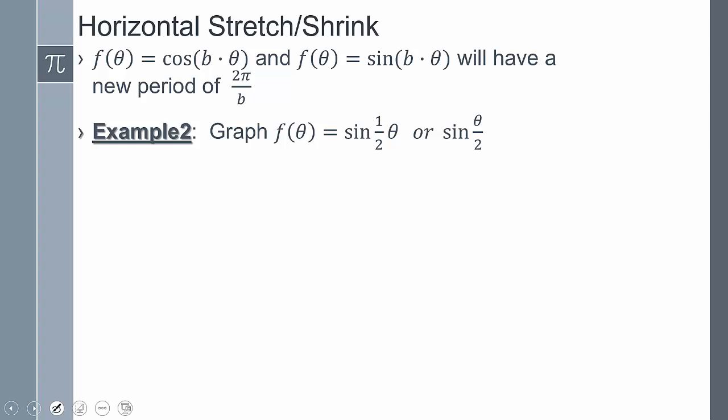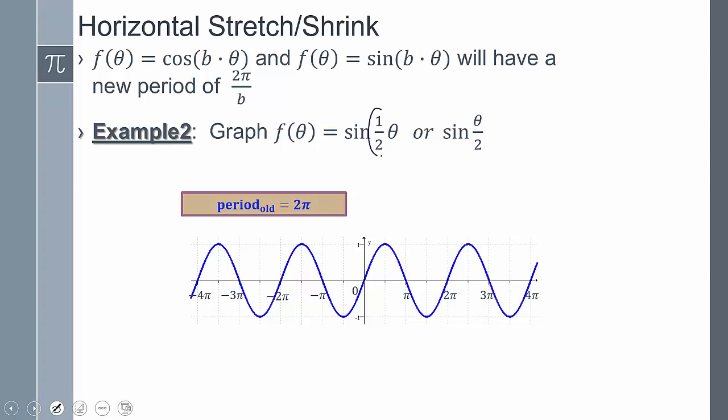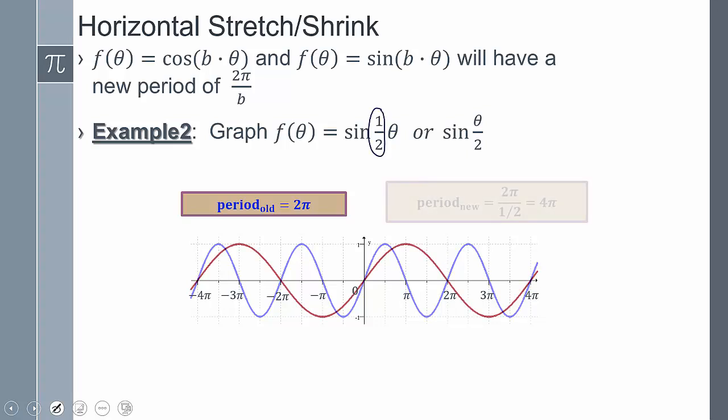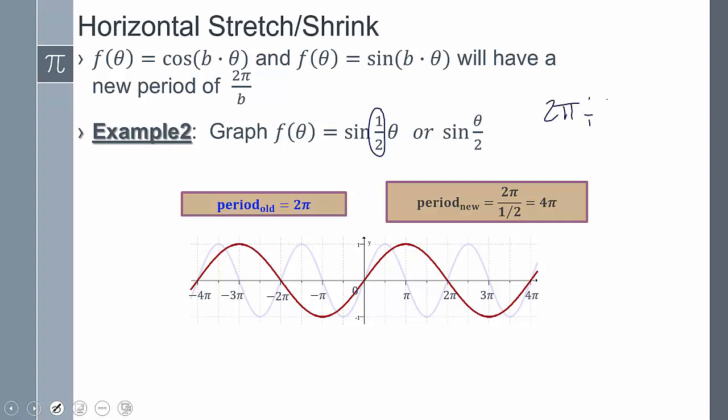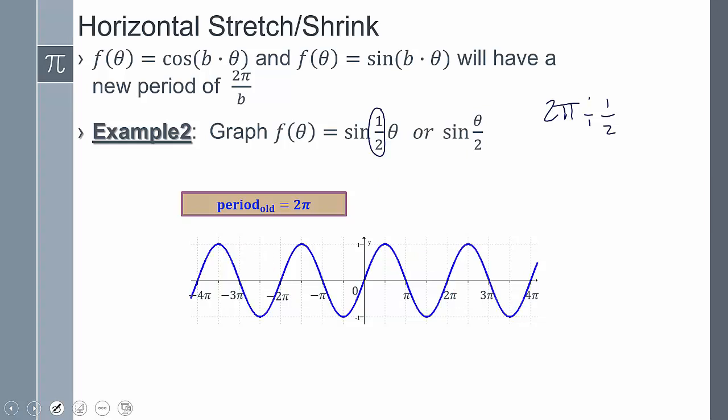So let's look at another one. If I said the graph of f of x equals sine of 1/2 theta, or sine of theta over 2, now my b is the 1/2. So 2 pi divided by 1/2. Remember, you got to flip it, turn it to multiplication, and you get 4 pi. Now if you notice, it starts at 0, ends at 2 pi.